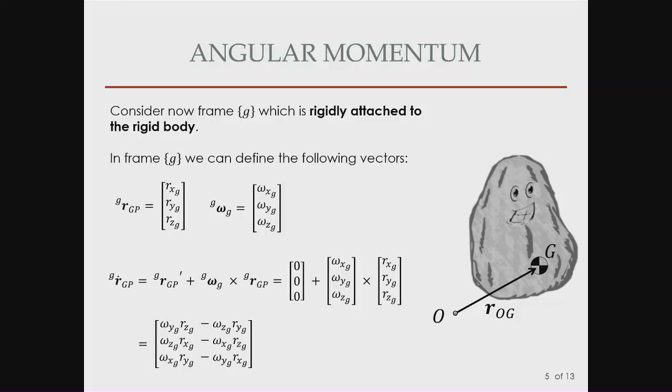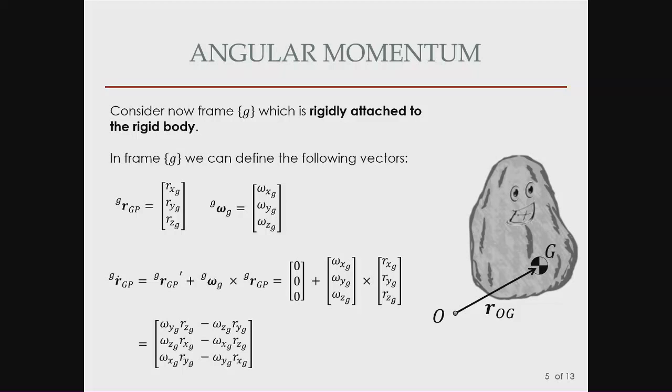But as this body rotates and moves, because of the rotation, point P can have some different linear velocity with respect to point G. So overall, this is not 0. This is kind of omega cross R, you can think of it.